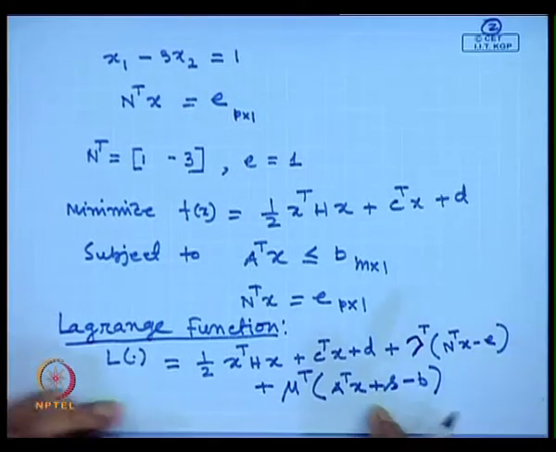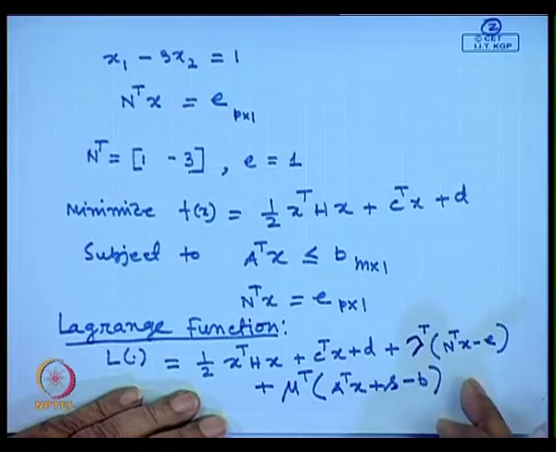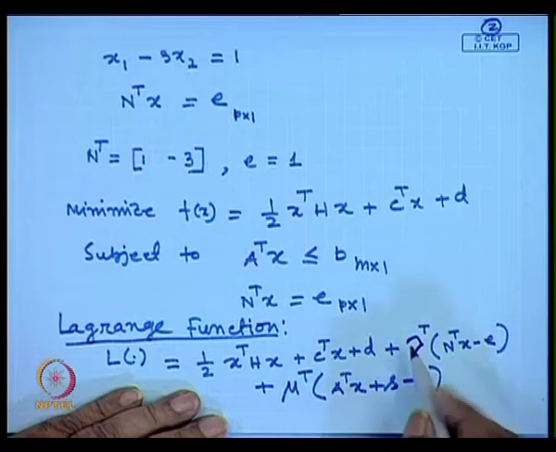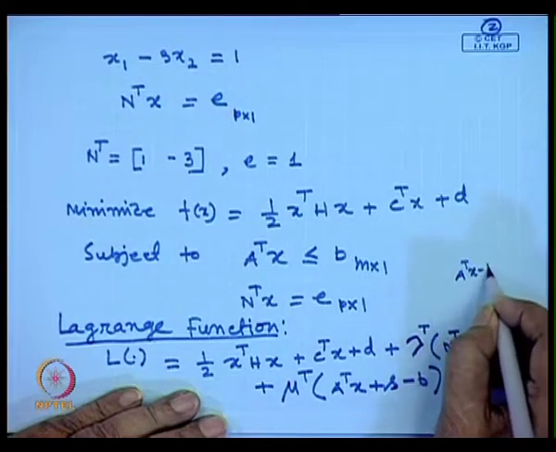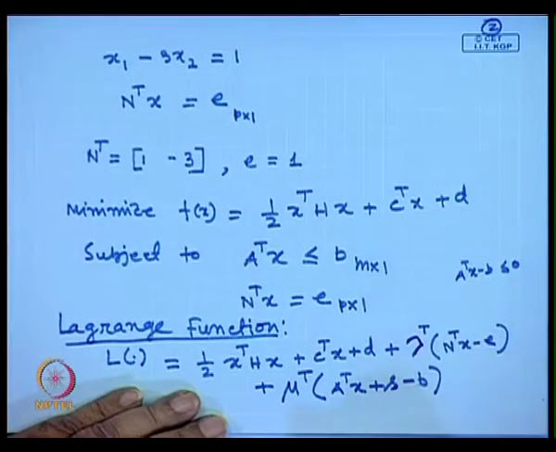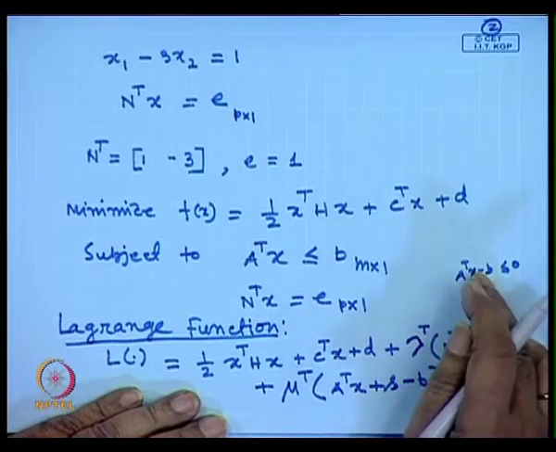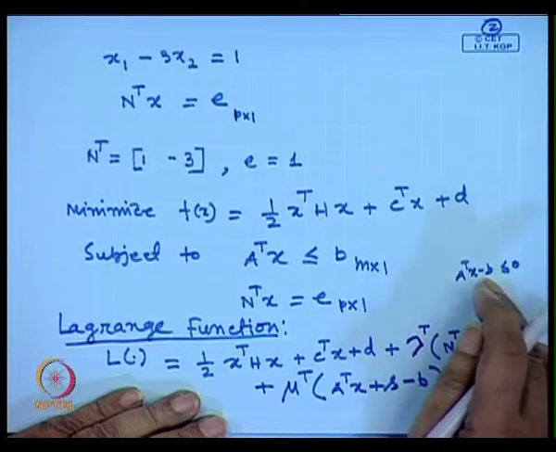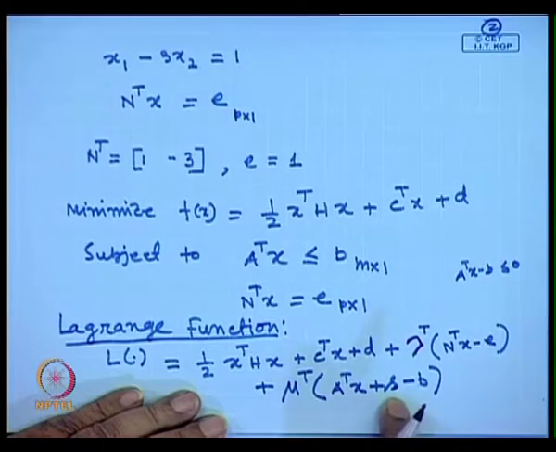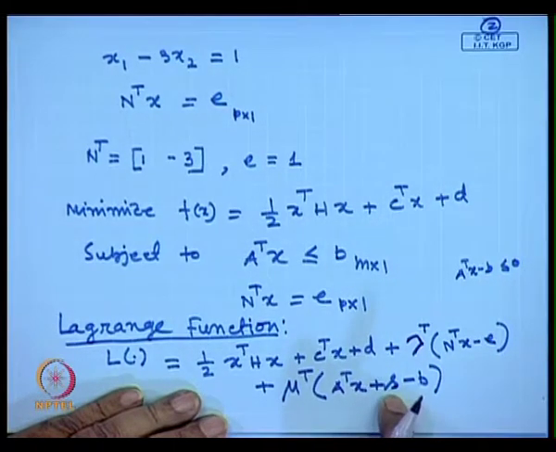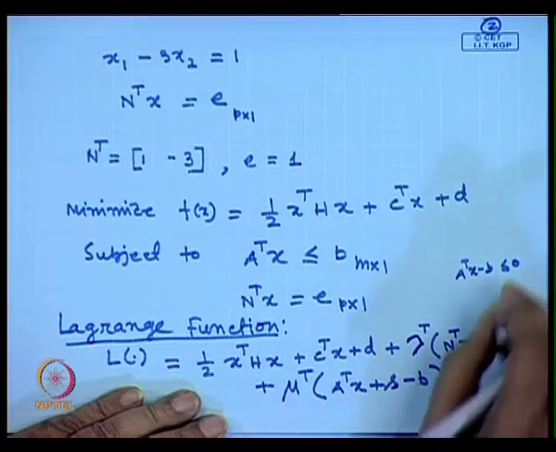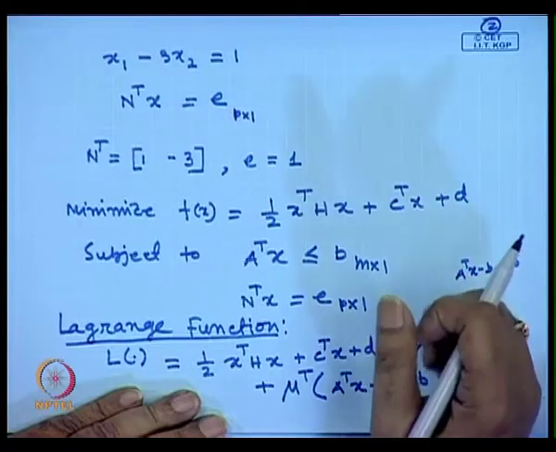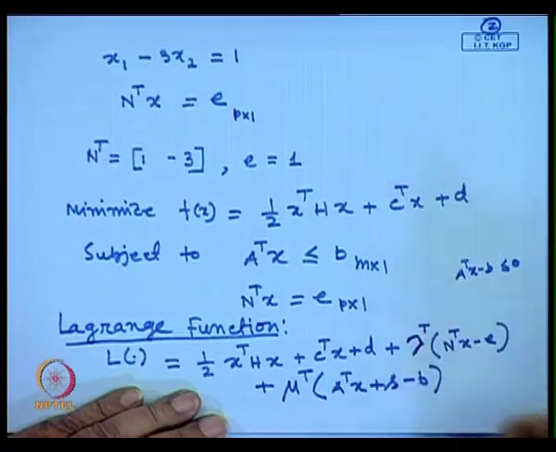That means, when A transpose x minus b is less than or equal to 0, you have to add some value to it. This is what is called the slack variable. And when the inequality is greater than or equal to 0, that means it is a positive quantity, so you have to subtract something. That is called the surplus variable.